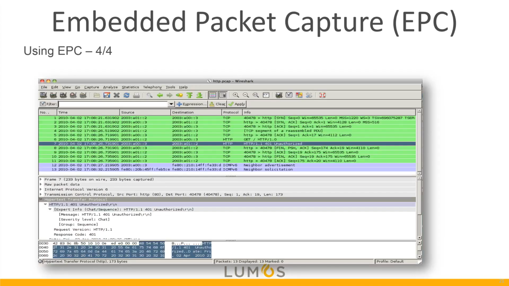Okay, we can, of course, use Wireshark or some other preferable capture utility if we have one other than Wireshark that we use. I pretty much rely on Wireshark almost daily.